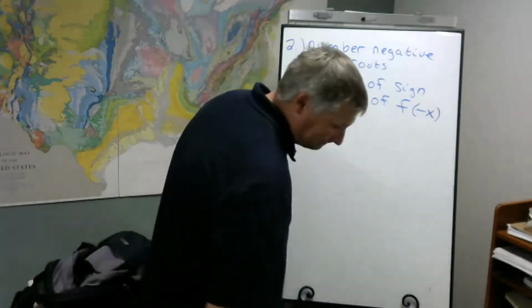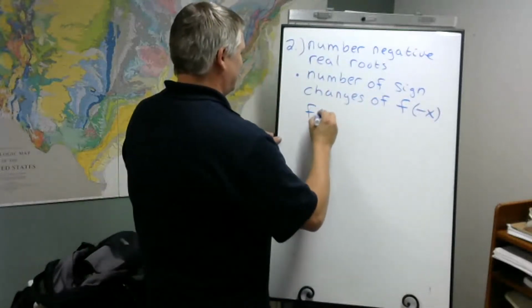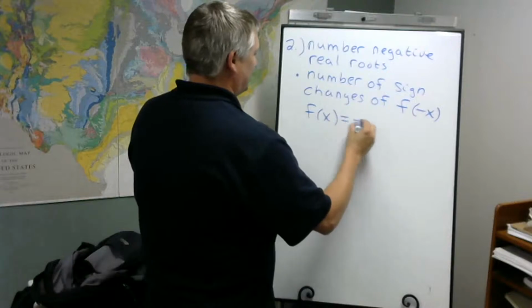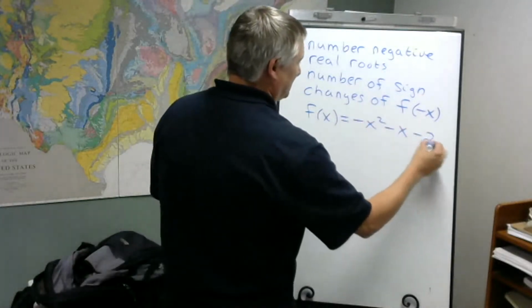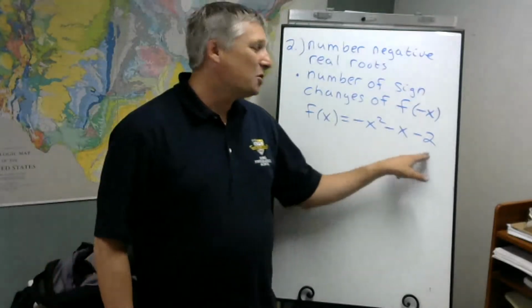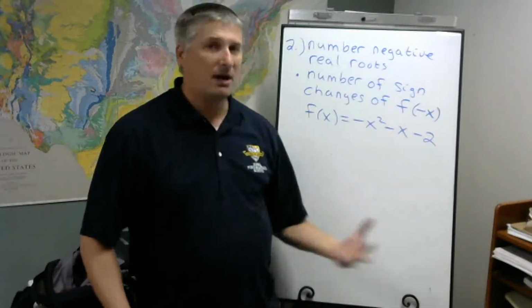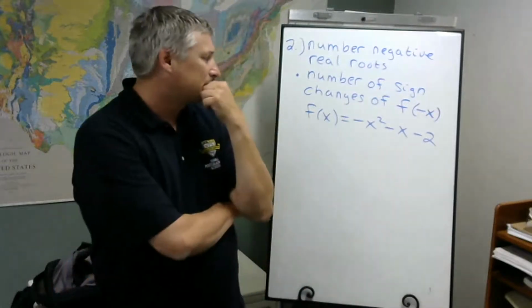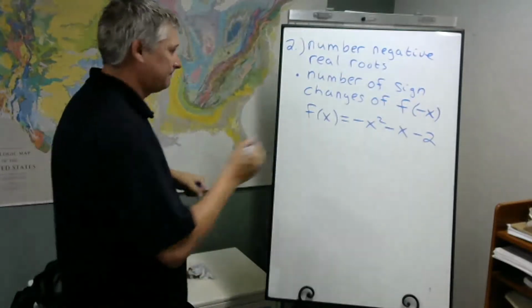Or, well, here, let me do an example. Let's say we have f of x is negative x squared minus x minus 2. This has no sign changes in it. So that means there are no positive roots in this case. But let's look at f of negative x.